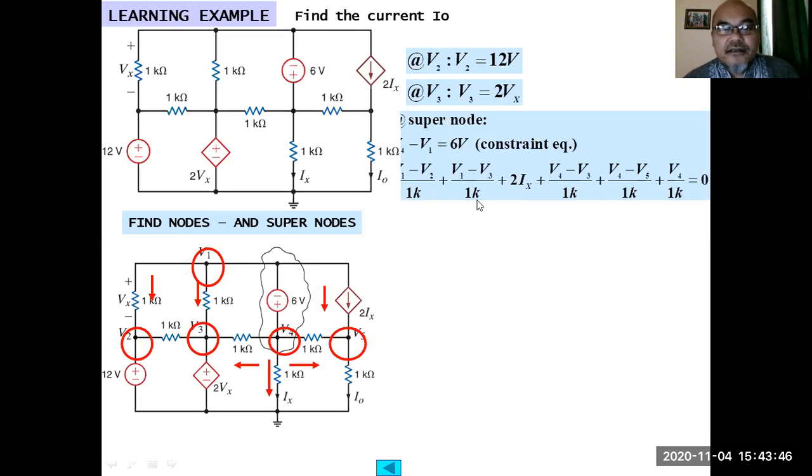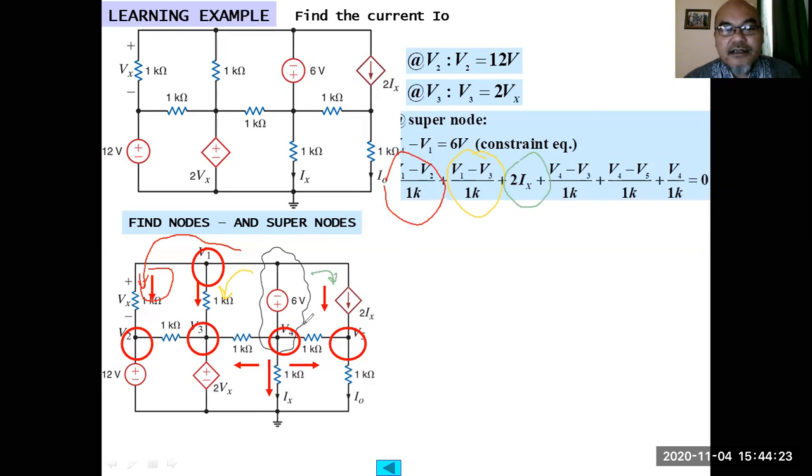Then the KCL equation will be here. This one is V1. V1 minus V2 divided by 1K, this current. Then V1 minus V3, this current, divided by 1K. Then afterwards is 2Ix, which is here, plus 2Ix.